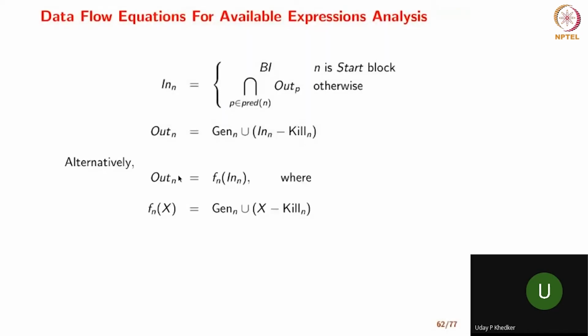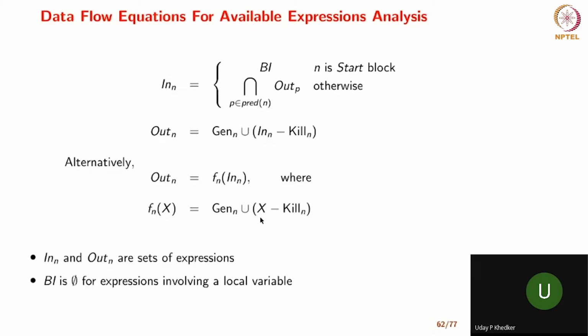Alternatively, we can also write it as out of n is f n of in n, where f n is called a flow function, which takes some argument x, removes kill from x and takes a union of the result with gen. In and out are sets of expressions. B i is the empty set for expressions involving a local variable.